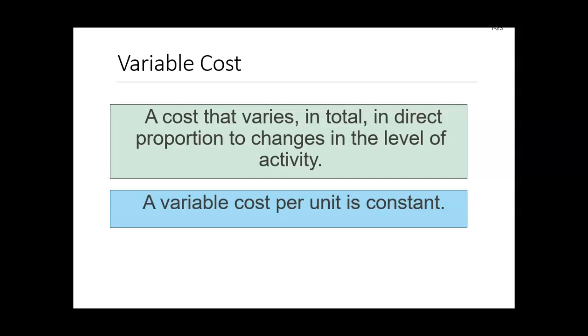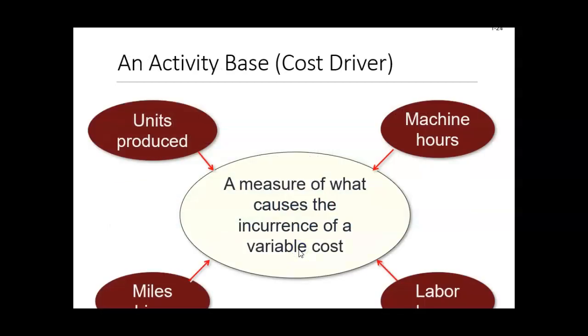If you're there for 1 hour, you'll pay a total of $1, but if you're there for 5 hours, you will pay a total of $5. So a variable cost is a cost that varies in total based upon the level of activity, but a variable cost is constant per unit.